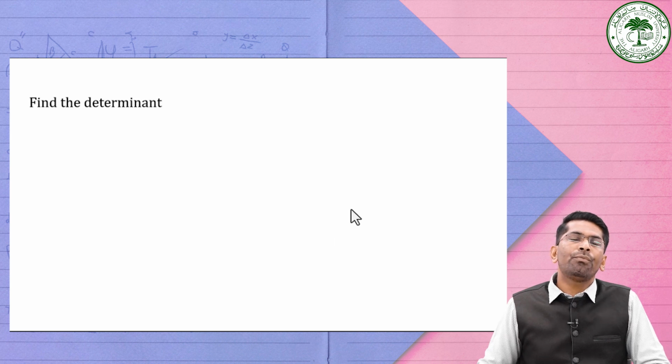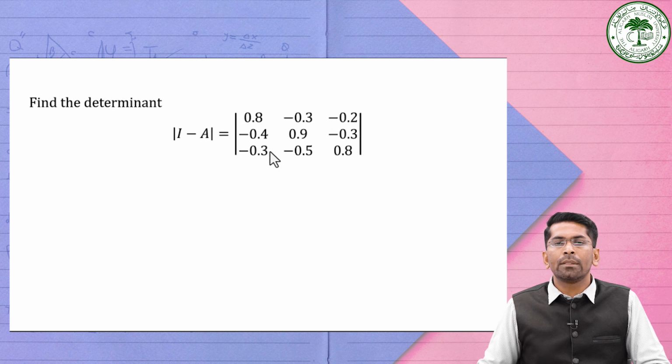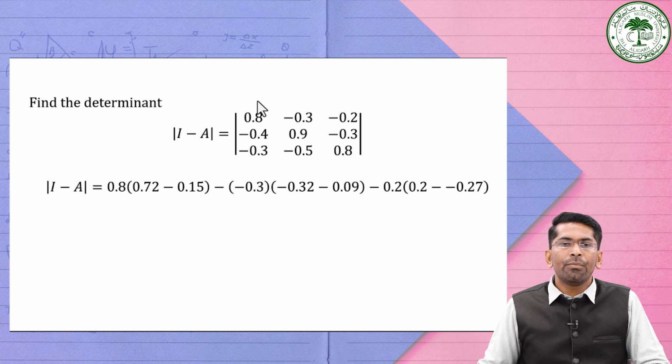Then we have to find the determinant of the given matrix. Of course, you know how to find the determinant. Here the determinant is equal to taking the first element, that is 0.8, crossing the first row and first column, then multiplying 0.9 into 0.8, which is equal to 0.72, minus 0.3 into minus 0.5, which is equal to 0.15.